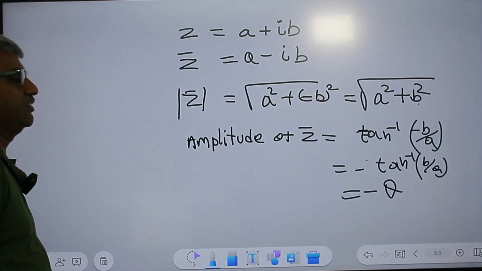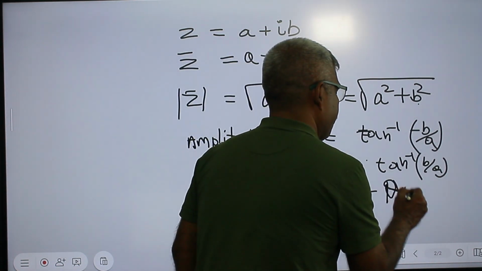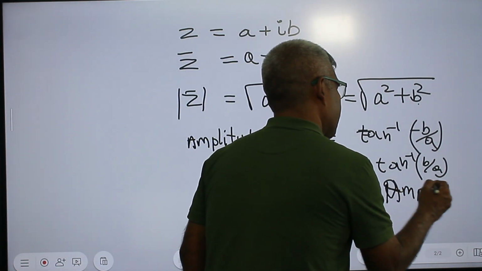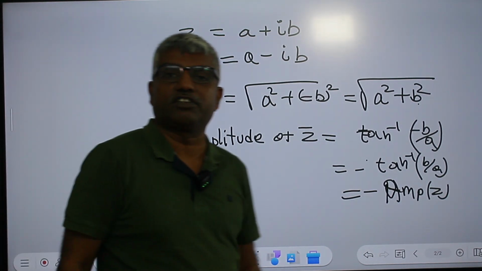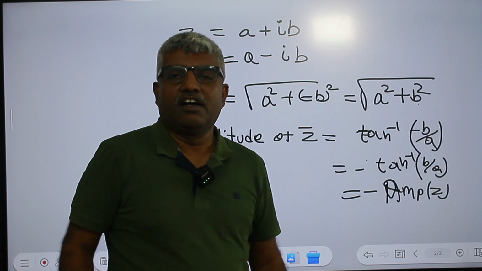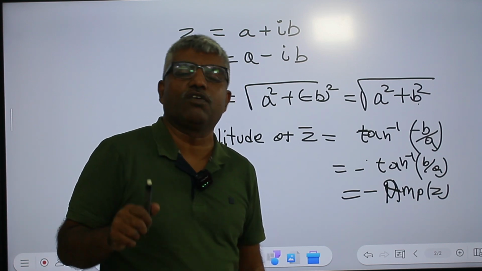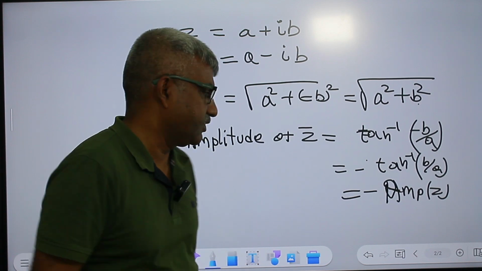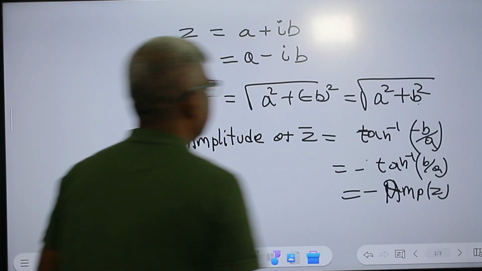Okay. Minus amplitude of z. Okay. Amplitude of z bar is equal to minus amplitude of z. Modulus of z bar is equal to modulus of z. Okay. Copy it down.